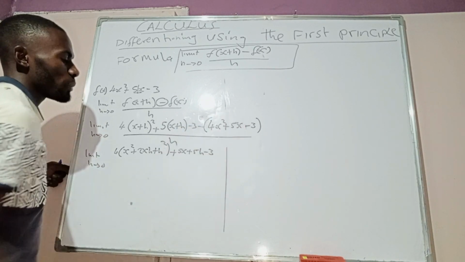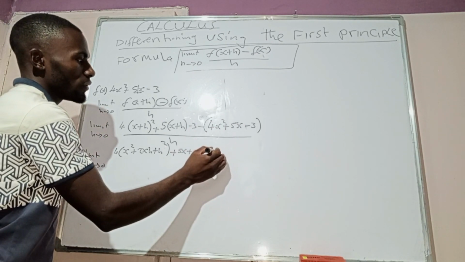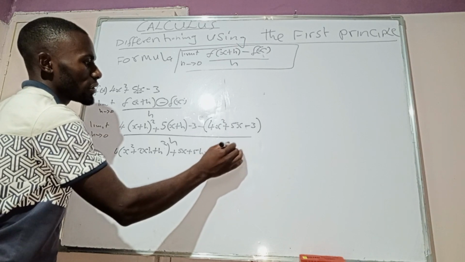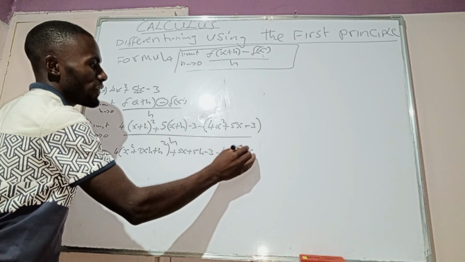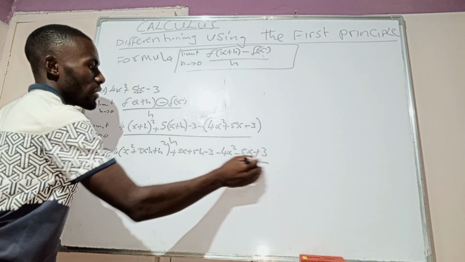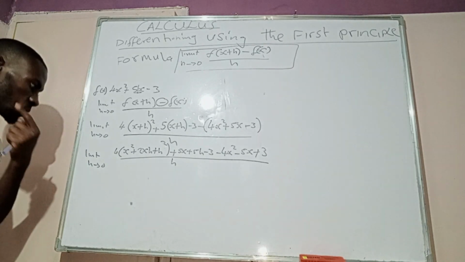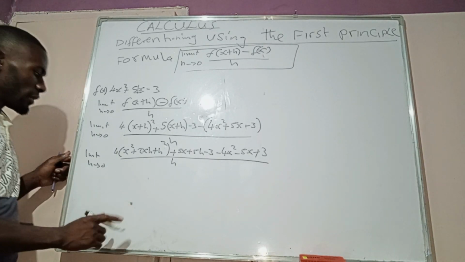This negative will multiply everything that is in brackets there. So we are going to have negative 4x squared minus 5x plus, negative times negative, plus 3, divided by what? Our h. Okay. From here now, what are we going to do?